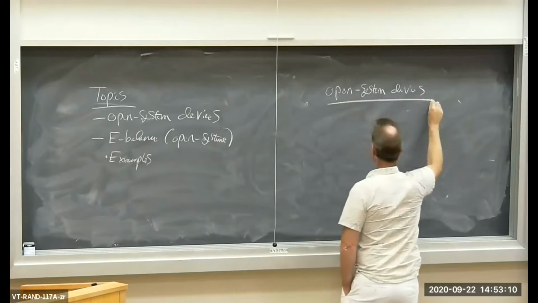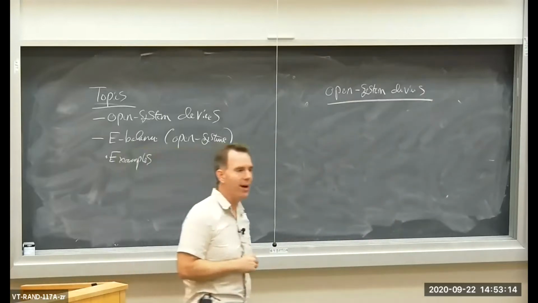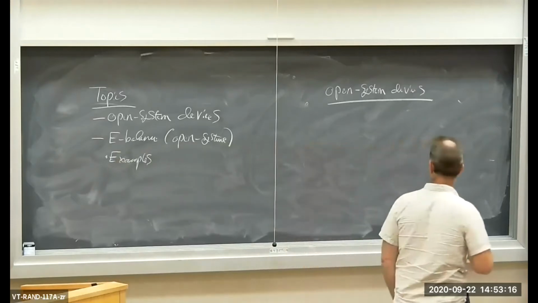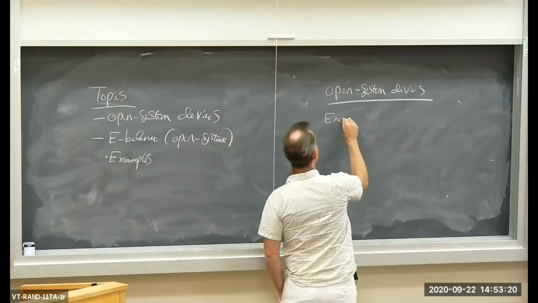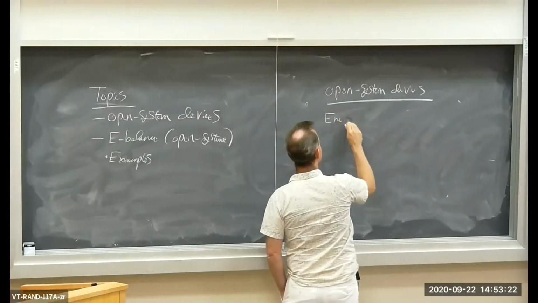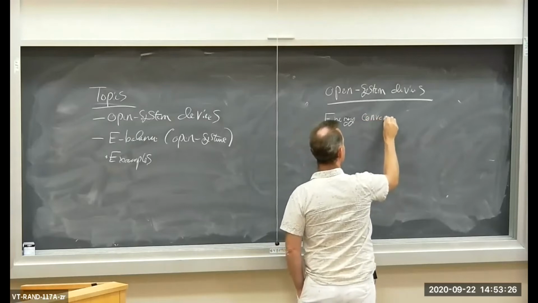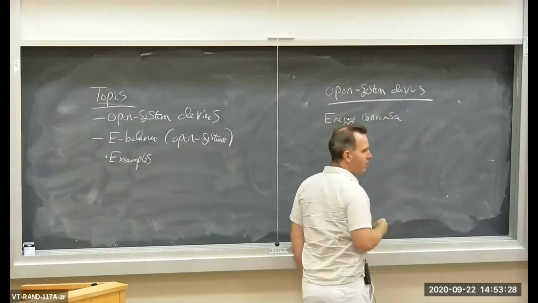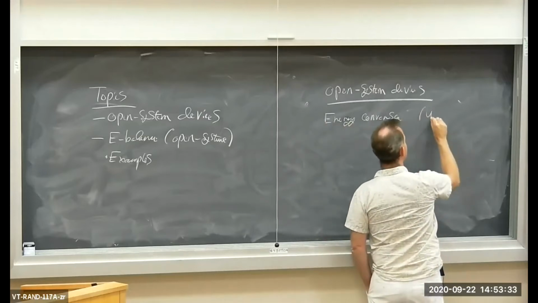Open system devices. The first broad category of open system devices are energy conversion devices. For example, conversion of internal energy.